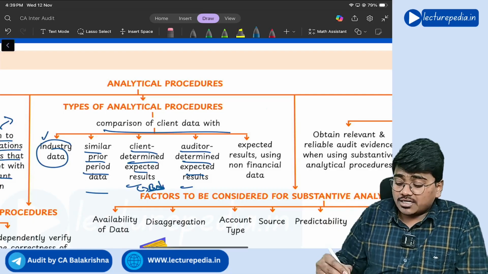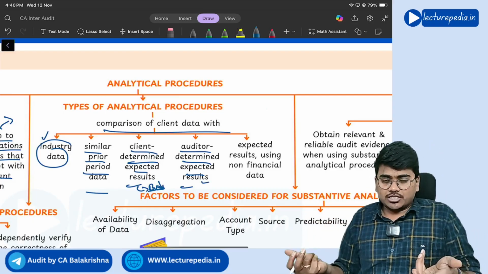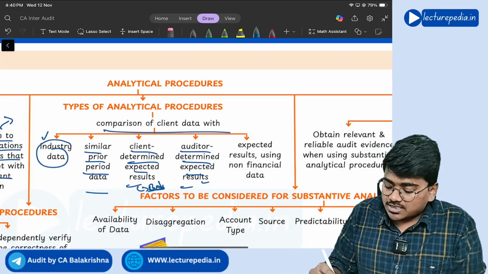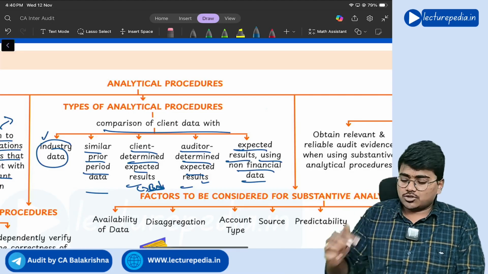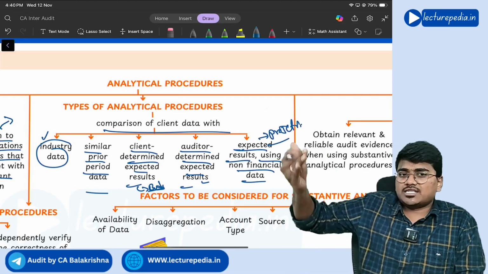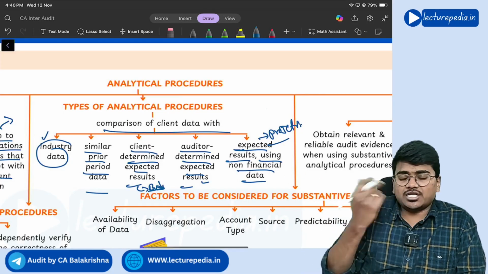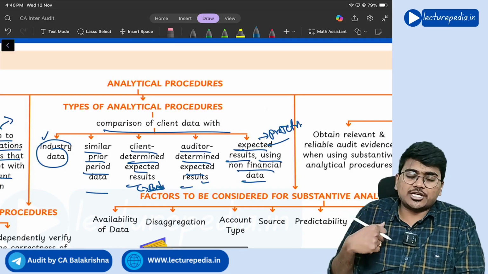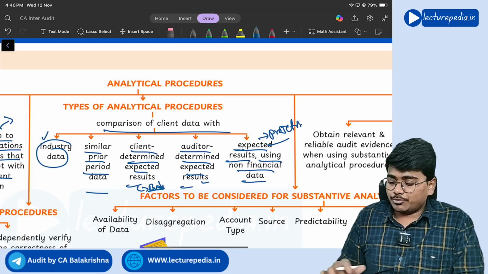That is auditor determined expected results. You will compare with the actual figure. This is also an analytical procedure. Next, expected results using non-financial data. So this is nothing but projection. Expected results means how much expectation the company has made, the projection it has made. You will compare the projections with the actual data. So all these are the different analytical procedures.